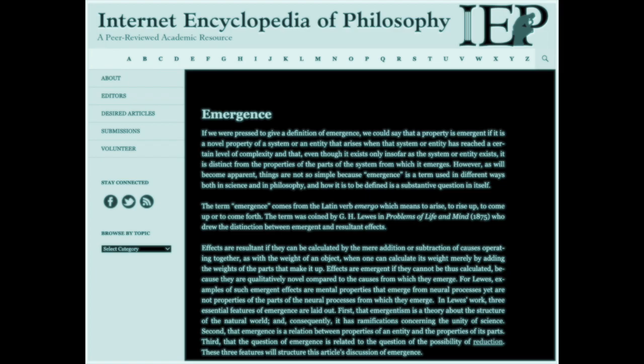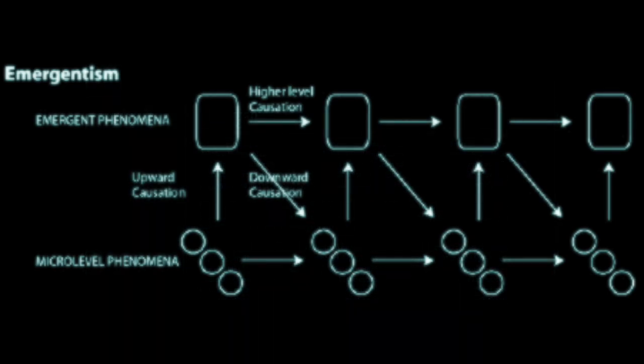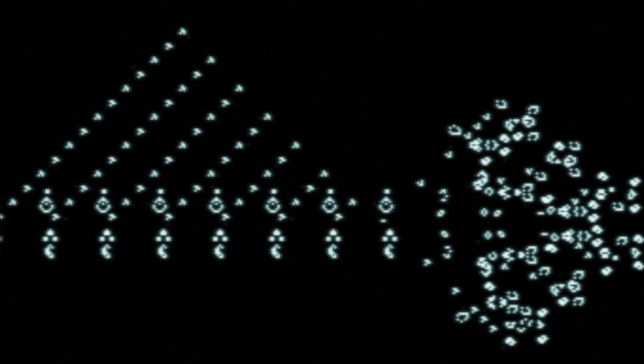The term emergence comes from the Latin verb emergo, which means to arise, to rise up, to come up, or to come forth. The pattern you're seeing is said to be emergent because the pattern arises from a complex combination of smaller parts that are prior to the whole pattern.